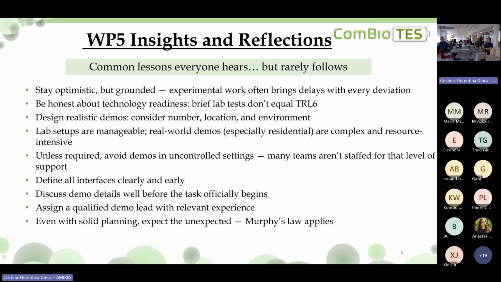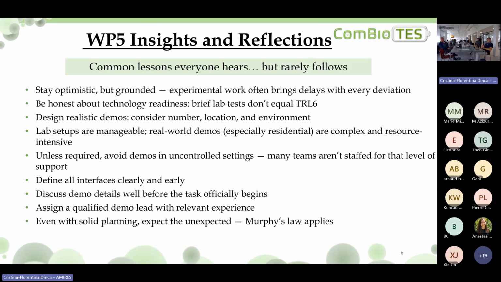And you have to be agile to manage every deviation, and you will have a lot of deviations. And this is something really important that is never done: you have to be honest about the TRL, the technology readiness level.